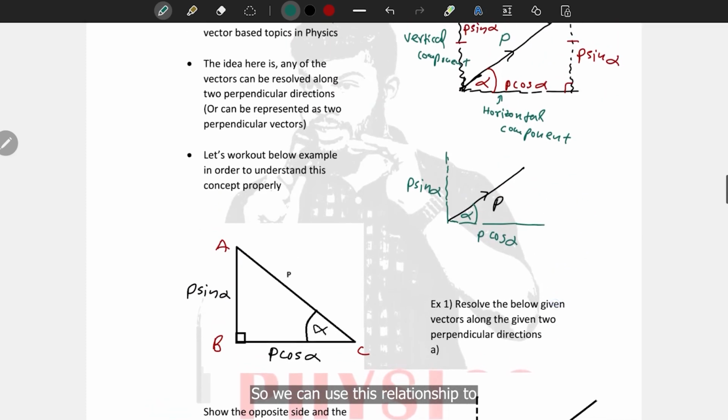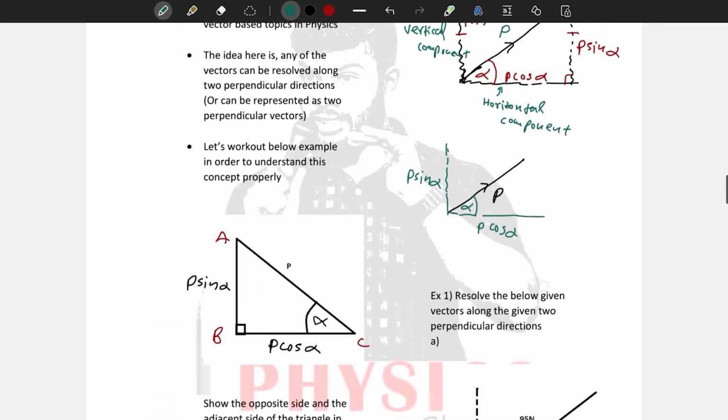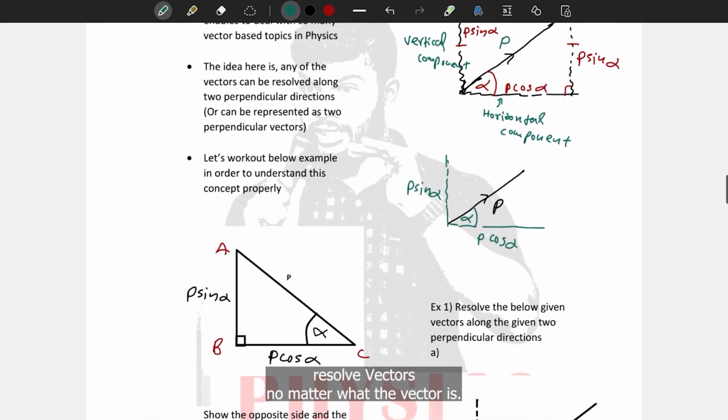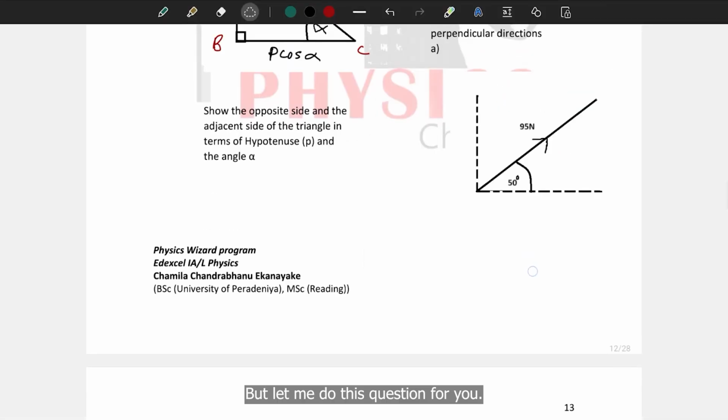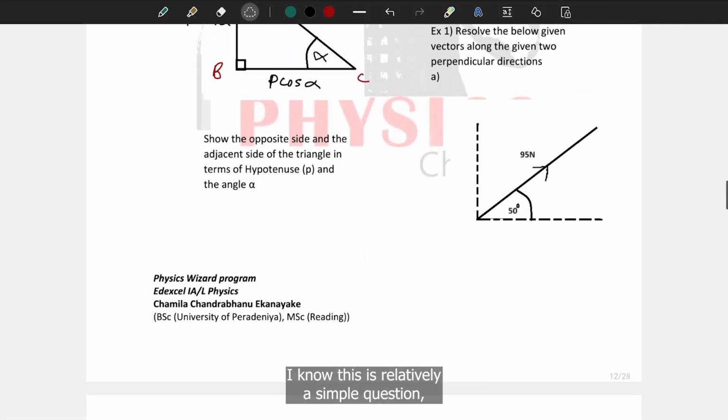So we can use this relationship to resolve vectors, no matter what the vector is. Right, let me do this question for you. I know this is a relatively simple question, so you will encounter some complicated questions later.